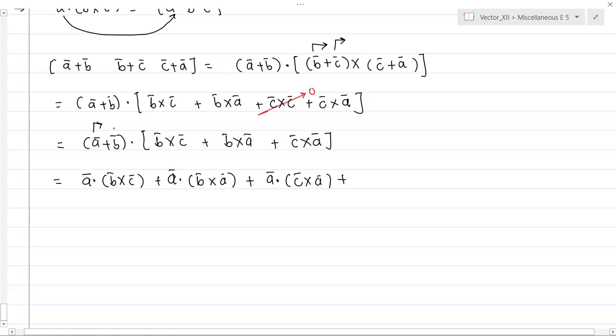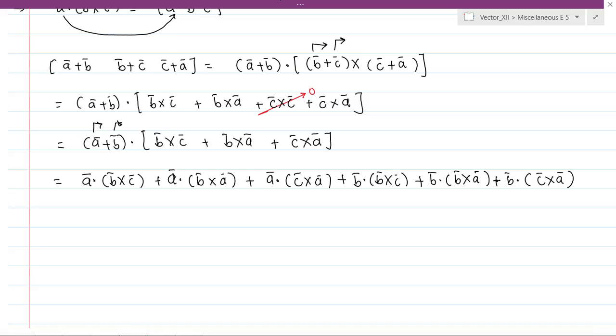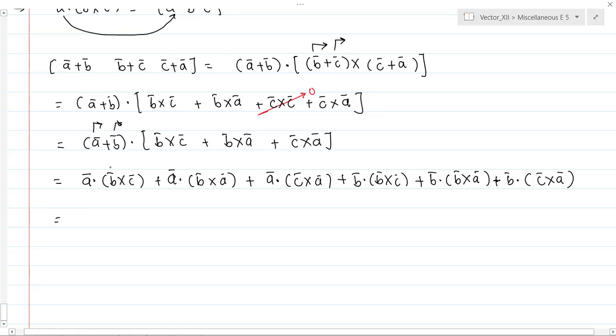Now let's multiply with b bar, so b bar dot b bar cross c bar plus b bar dot b bar cross a bar plus b bar dot c bar cross a bar. Okay, so this is what we have. So let's convert into box product now. This is the box product of a bar, b bar, c bar.